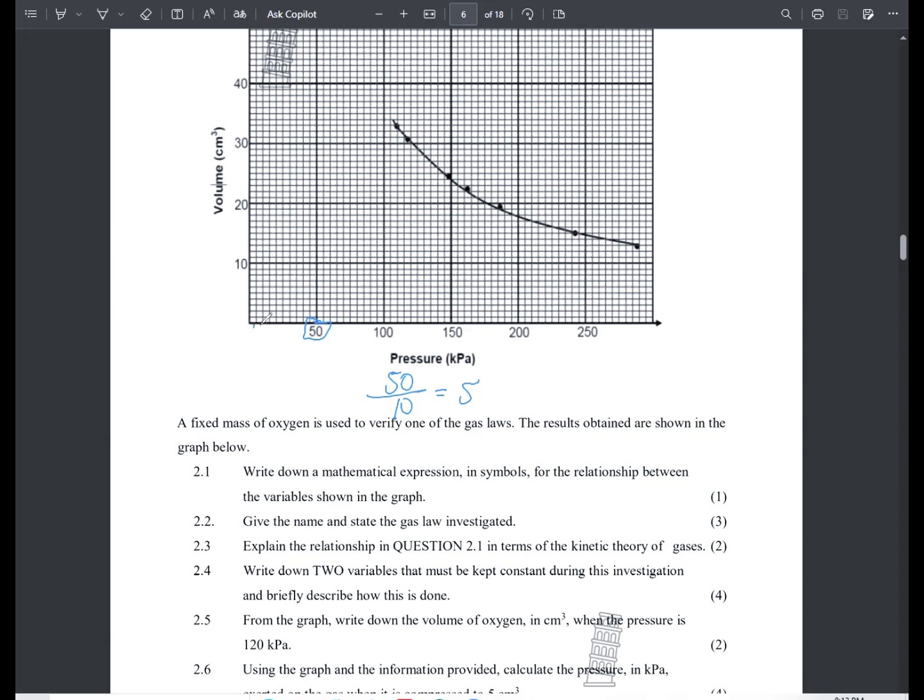So this would be 5, 10, 15, 20, 25, 30, 35, 40, 45, 50. Right, so that's how it would actually go. So if you want to locate 120 kilopascals, then it would be 105, 110, 115, and then 120.